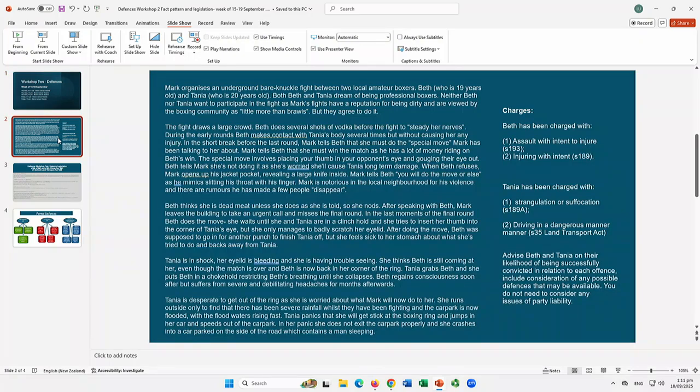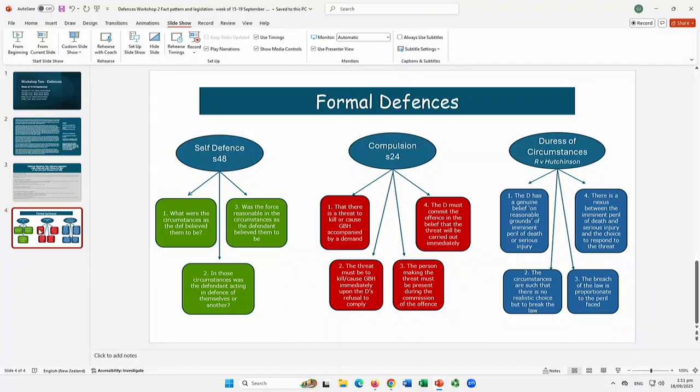One of the things that I have created for you, which I've dropped into the module this morning, is just a tree diagram which gives you an outline of the basic elements for the defences. So that is essentially your defences topic on one page. So that's just your basic elements.